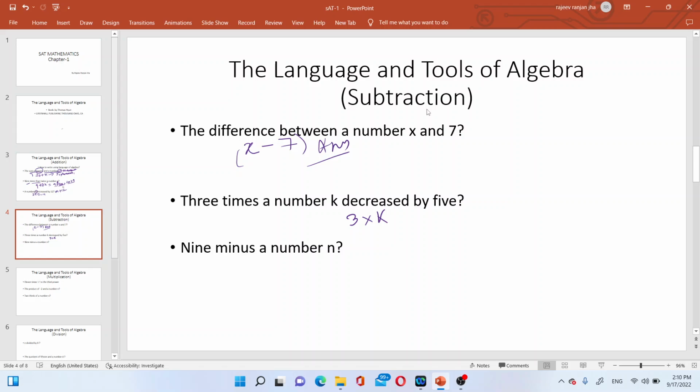First we write down this, then we will decrease it by 5. So it becomes nothing but 3k. Now you decrease it by 5. 3k minus 5. So how many of you have written it correctly? Yes. So this is the algebraic expression for the above statement, 3 times a number k decreased by 5.